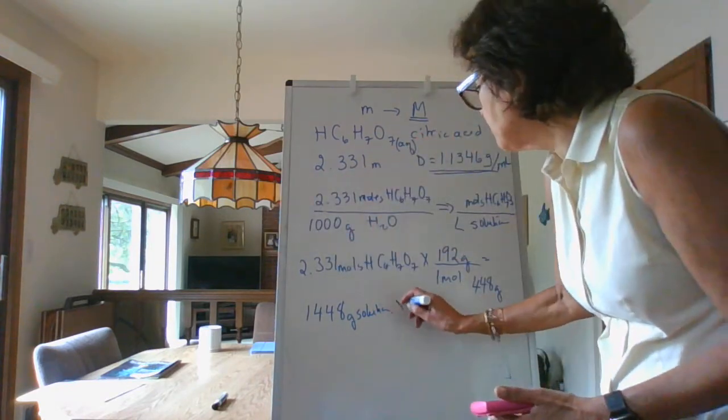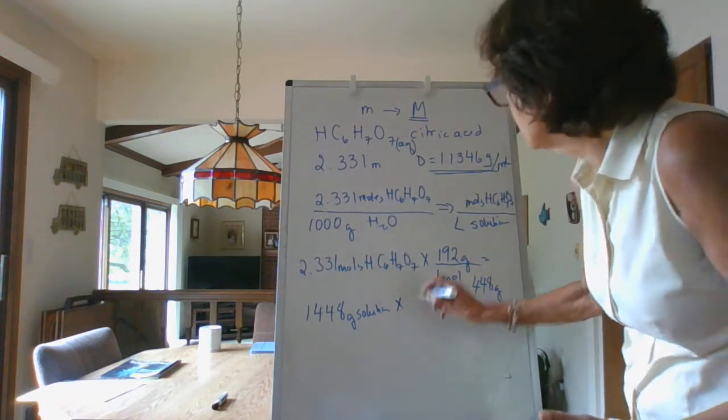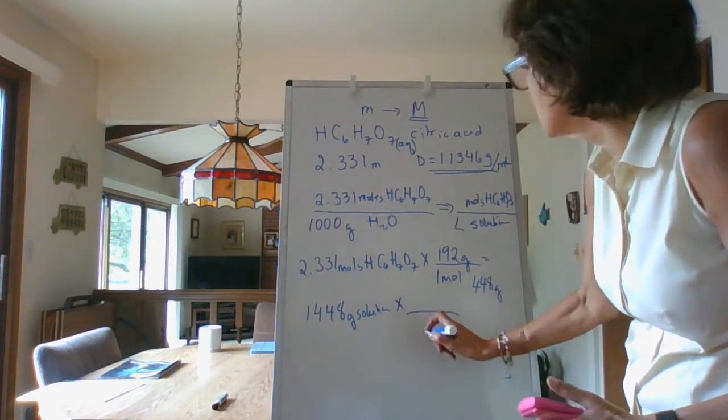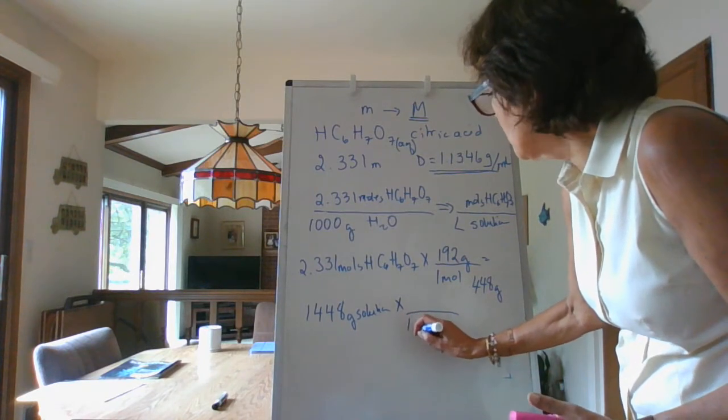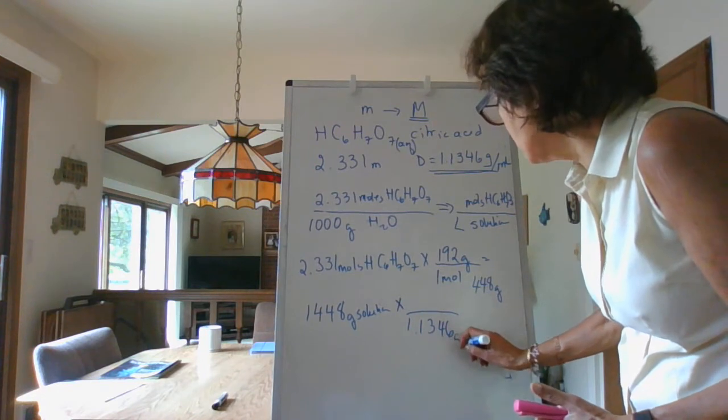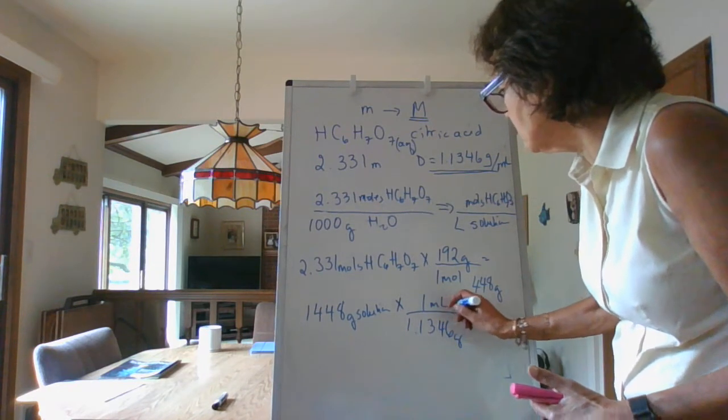So we're going to flip it because this is grams per mil. I want to cancel out grams. So I'm going to put this down here. 1.1346 grams per 1 milliliter.